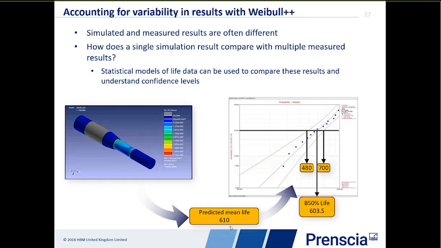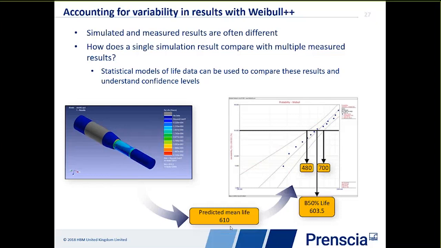We know that there's going to be variability in those types of results, and the best thing to do there is to test a population of test specimens. That population of test specimens can then be analyzed inside of a tool like Weibull++ inside of Relisoft, where we can create a statistical model of the life data from the field, and based on the failure mechanism, there may be some statistical models that better fit that data than others.